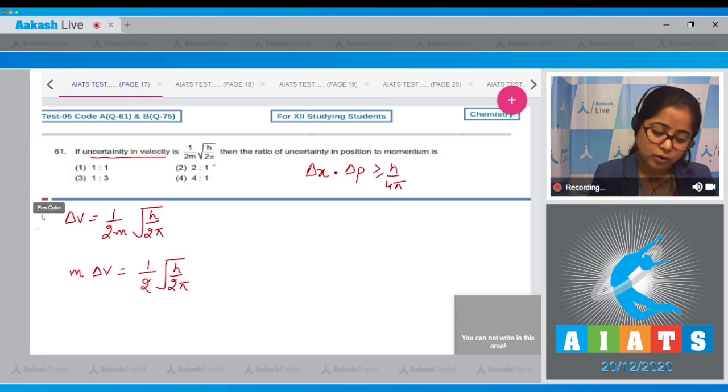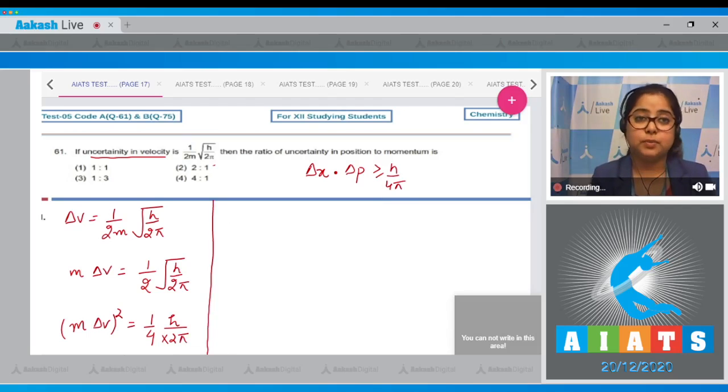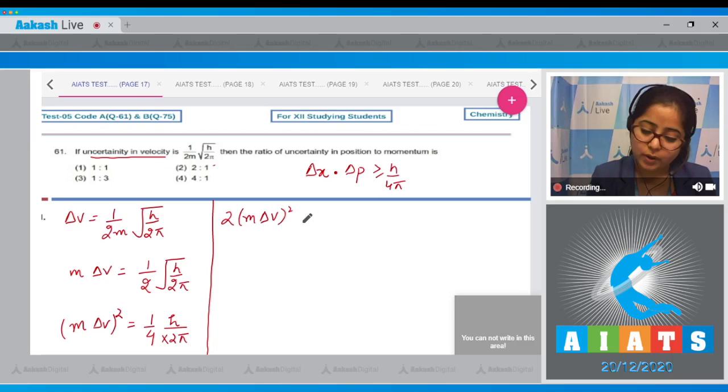Now students, on squaring both sides we get (m delta v) whole square is 1 upon 4 into h upon 2 pi. Now let's multiply both sides by 2. We get 2 (m delta v) square is h upon 4 pi.